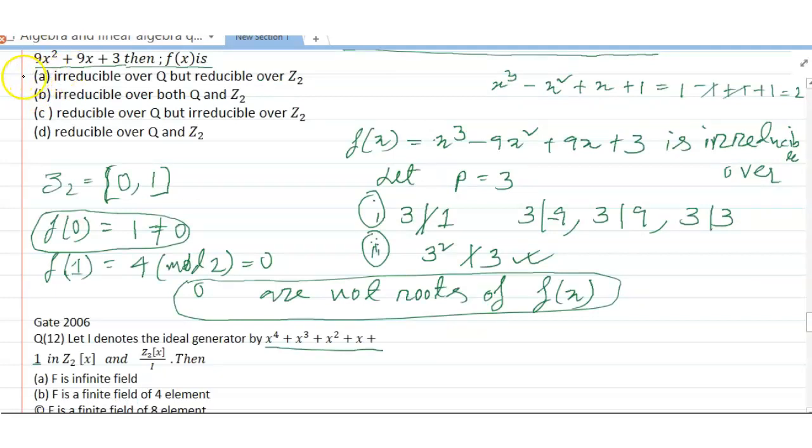Option A is correct: irreducible over Q but reducible over Z2, because 1 is a root of f(x). So it is reducible over Z2. So this is my answer.